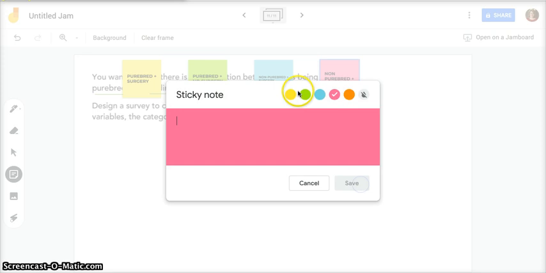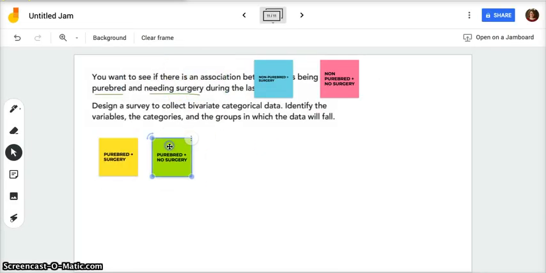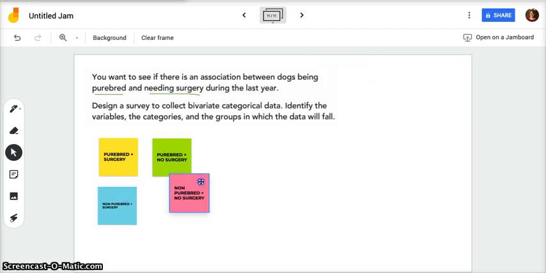Okay, so do you see how whoever we survey with about a dog is going to fall into one of these 4 categories, no matter what? So for example, I have a dog that is not a purebred and did not need surgery this past year, so I would be in the pink category down here.